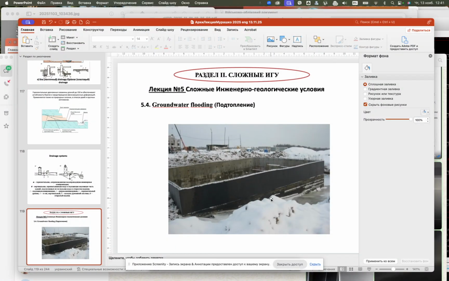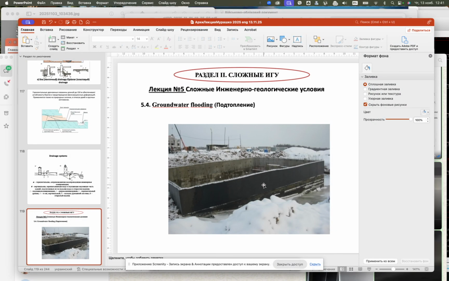So the engineers who were designing and directing this building decided to pump out the water from inside of this foundation. And the funniest thing was that this foundation had no piles. So when they pumped the water from inside, it floated up.